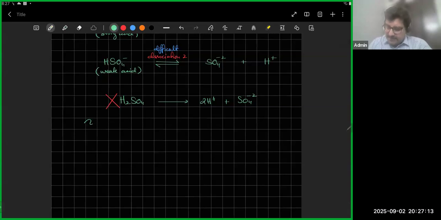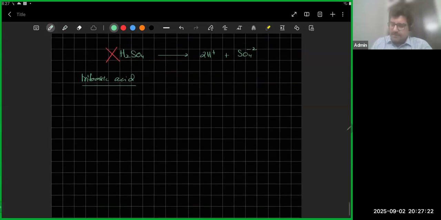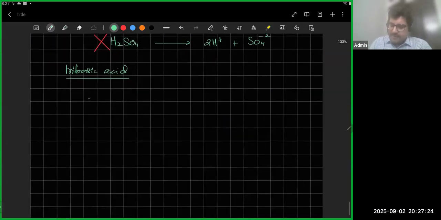if you have a tribasic acid, remember, in the paper they can come up with any example, but the concept is exactly the same. So if you have a tribasic acid, for example phosphoric acid, it's going to produce H2PO4 minus 1, and it's going to release 1 H plus ion.